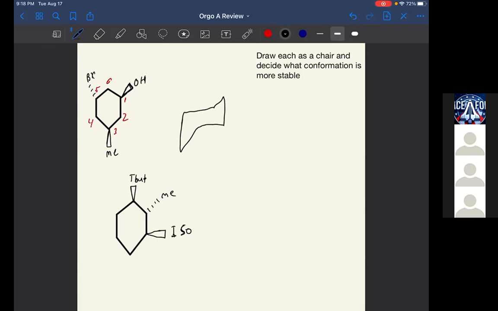Now for our 1, I'm going to say that this is my 1 right here. So 1, 2, 3, 4, 5, 6. Is OH up or down at 1? Shouldn't it be up? Yep. And now there's nothing at 2.